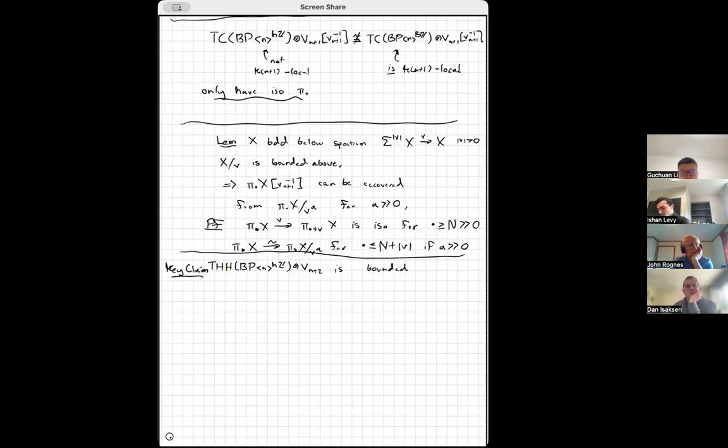So in other words, we want to know that this BP<n> fixed points by Z satisfies the Lichtenbaum-Quillen property of height n. Okay.